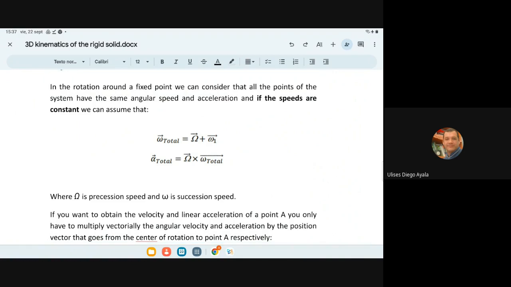Since we have this configuration of these two rotating around the same point, you have these two cones, you have this and this equation. And then we have done this already, and now we are going to do this one.